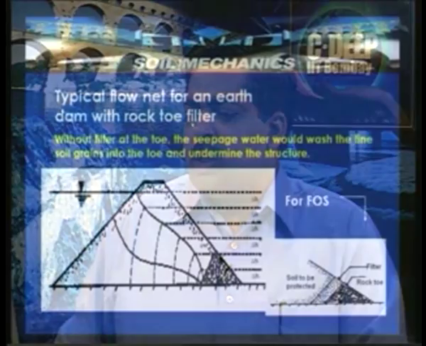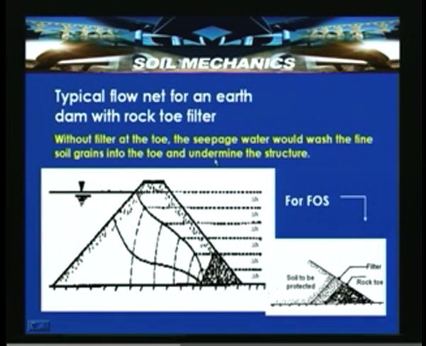So, look at this typical flow net for an earthen dam with a Rock-Toe. Without a filter at the toe, the seepage water would wash the fine soil grains into the toe and undermine the structure. So, suppose there is no filter here, then seepage water would wash the fine soil grains into the toe and undermine the structure.